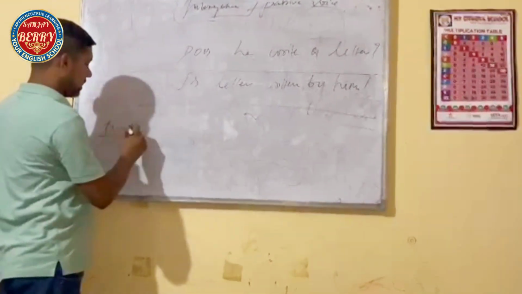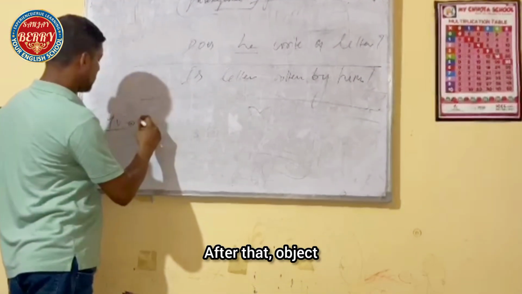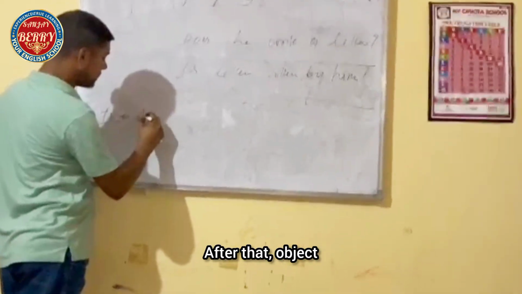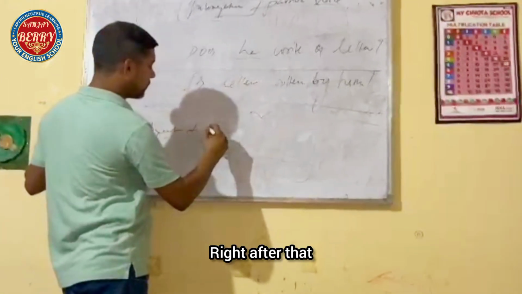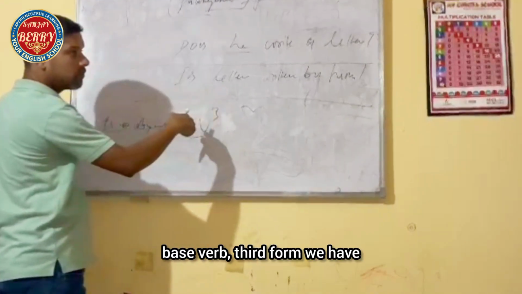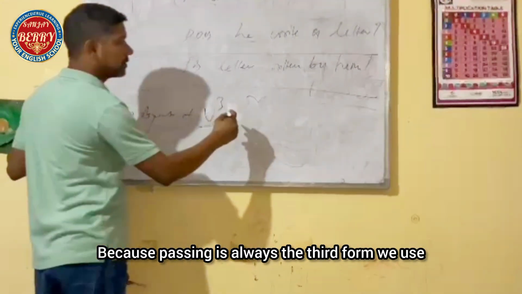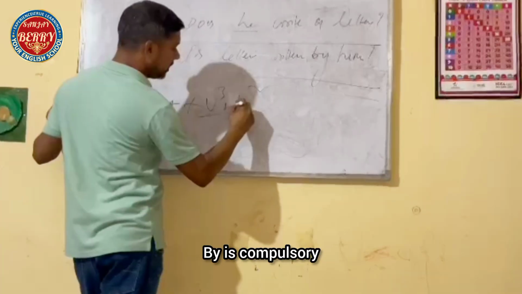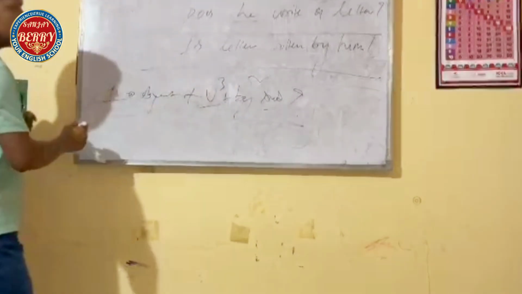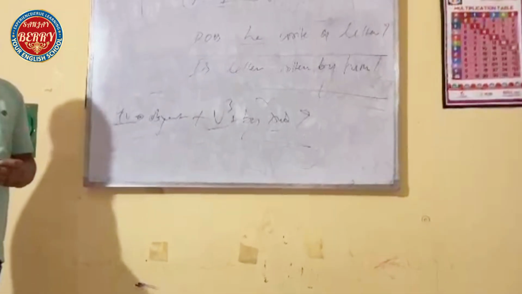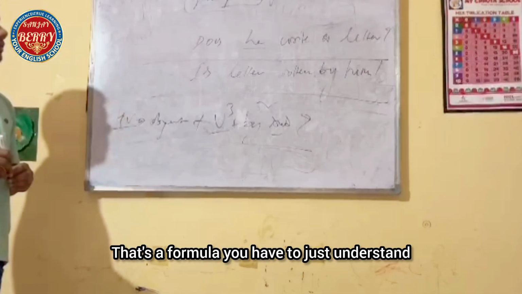So helping verb, after that object, right after that the base verb in third form, because passive always uses the third form. By is compulsory, and then the subject is last, and a question mark. Okay, that's the formula you have to understand.